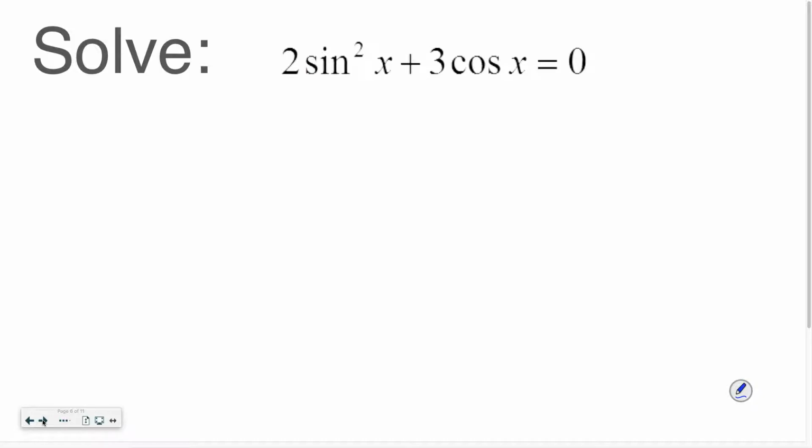Which one do you think would be the easiest to change to look like the other? The sine squared. We have sine squared right here, which we know is a part of the Pythagorean identity involving cosine squared. So what we can do is change sine squared to be 1 minus cosine squared.